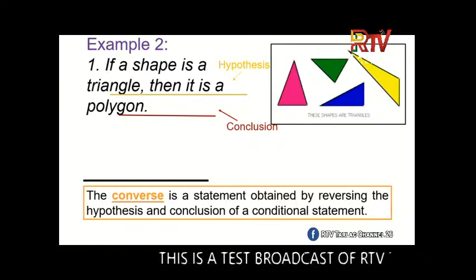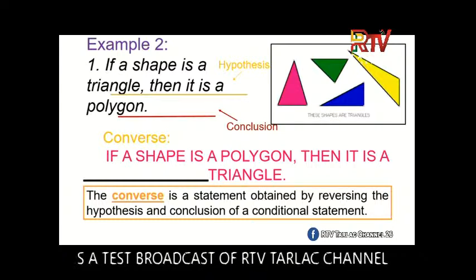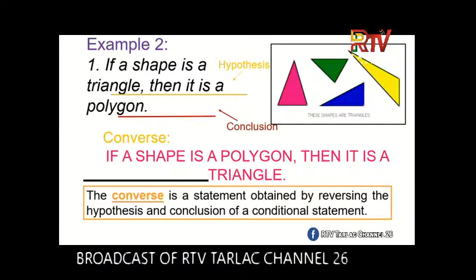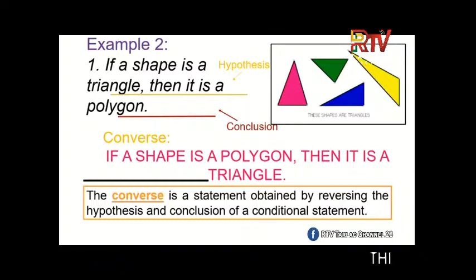When we reverse these two phrases, we obtain, if a shape is a polygon, then it is a triangle.